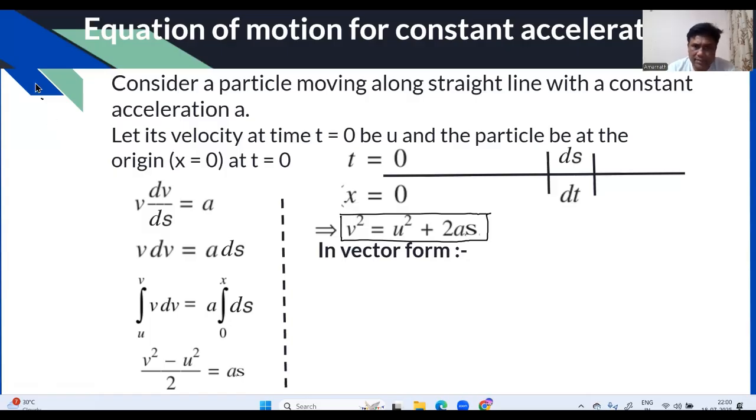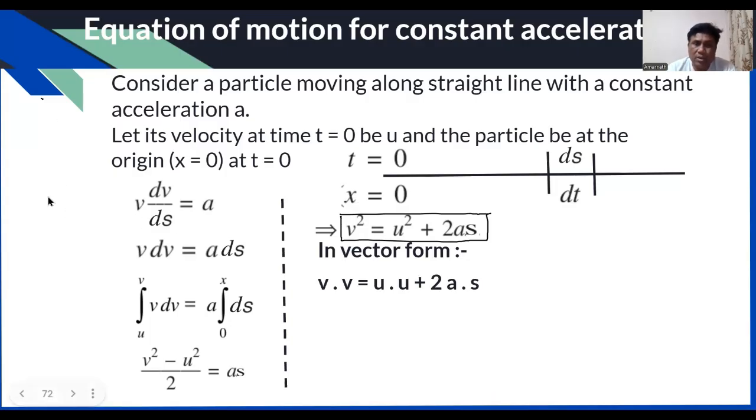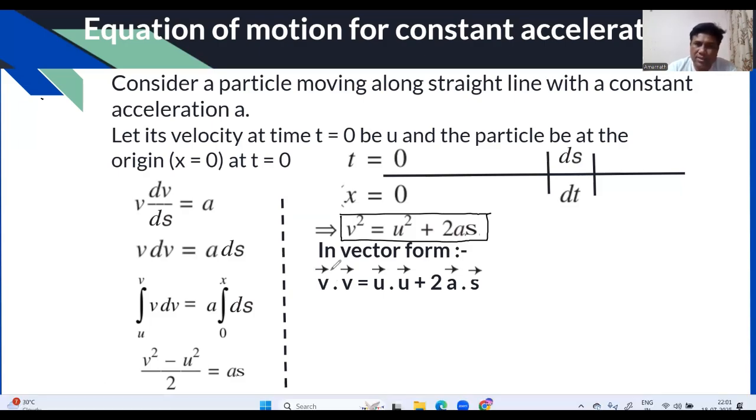It means v dot v equals u dot u plus 2a dot s. If somebody asks you, can you write the third equation in vector form? Because v dot v is v square, a dot a is a square, b dot b is b square, c dot c is c square, the vector product, you know.